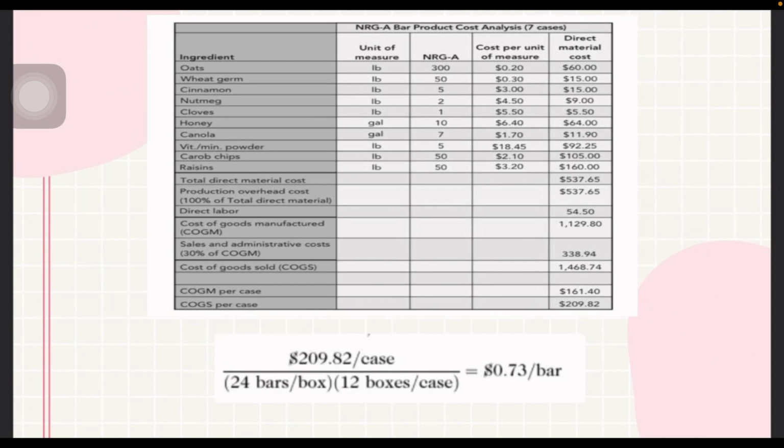To get this, we divide the COGS per case, which is $209.82, by 24 bars, divided by 12 boxes, so it is equal to $0.73. So based on this calculation, we can see that Fitter can sell the bars at $0.90 and make a profit of $0.17 per bar.